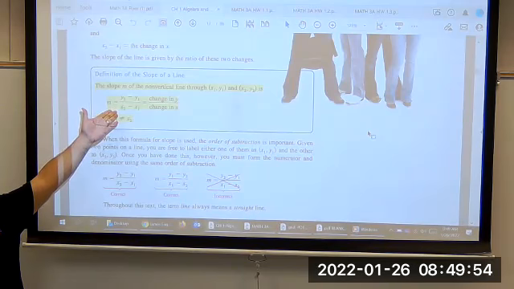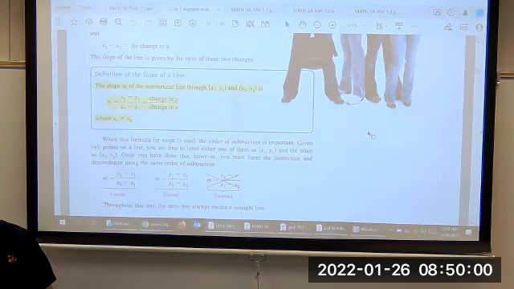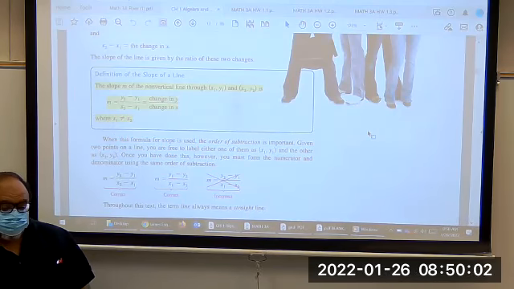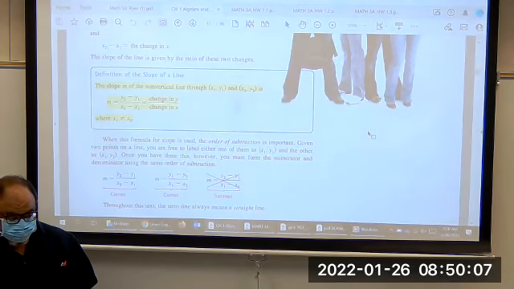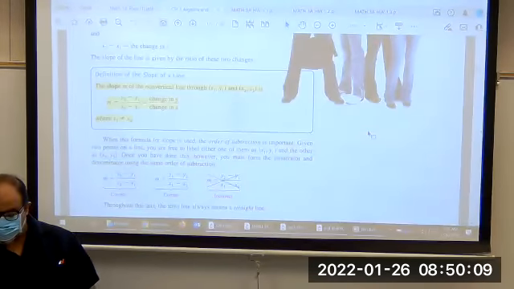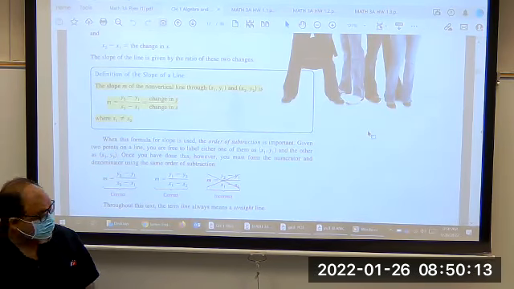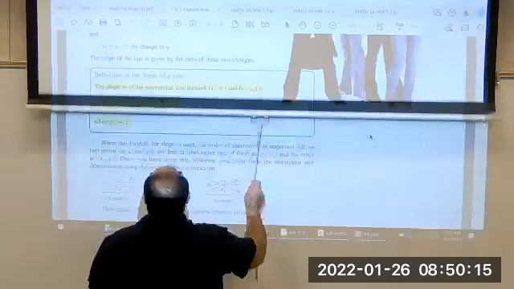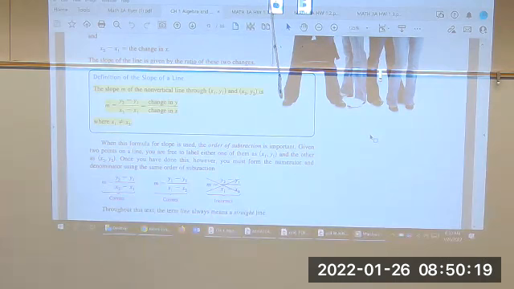This is typical. This is in every algebra book. Slope is rise over run. Slope goes through 2 points. It's the difference in the y divided by the difference in the x. Difference means subtraction. It's the change in y divided by the change in x. Okay, change in y over the change in x.